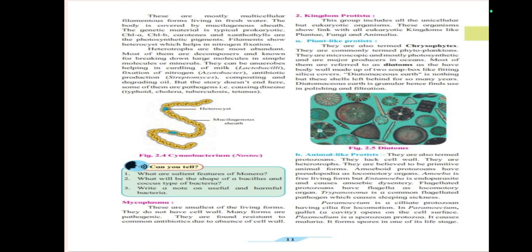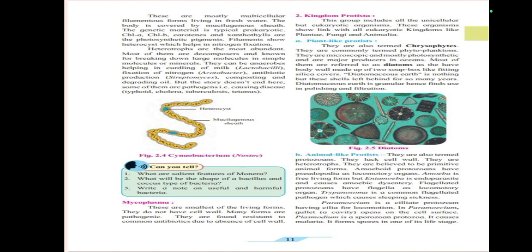Most of them are referred to as diatoms as they have a body wall made up of two soap-box-like fitting silica covers. Diatomaceous earth is nothing but these shells left behind for so many years. Diatomaceous earth is gritty, hence finds use in polishing and filtration.